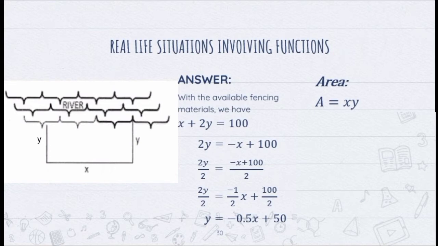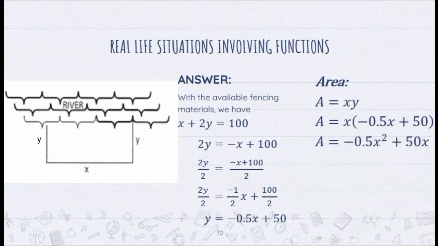Now, since the problem stated that we only have in terms of x, we can retain x here and then y equals the previous answer that we got. So we have here a equals x and then y equals negative 0.5x plus 50. Multiplying x to each term, we'll have the final answer a equals negative 0.5x squared plus 50x.